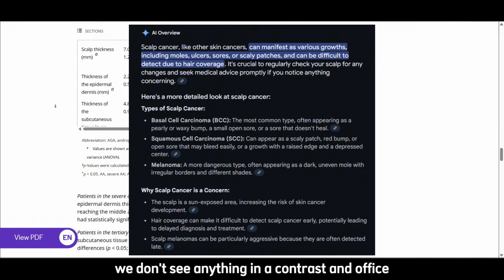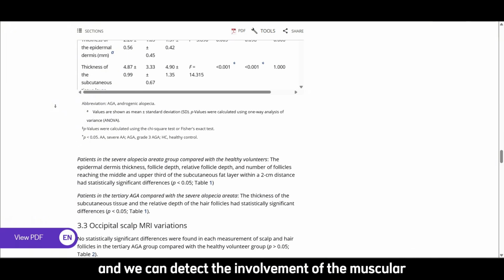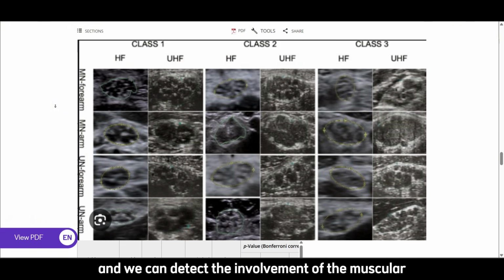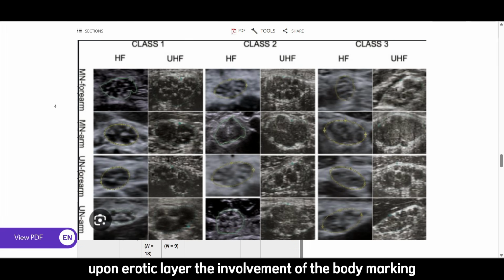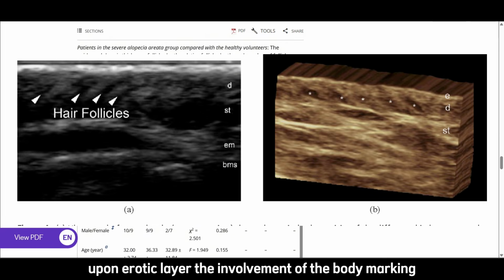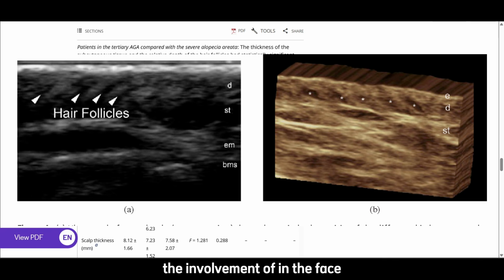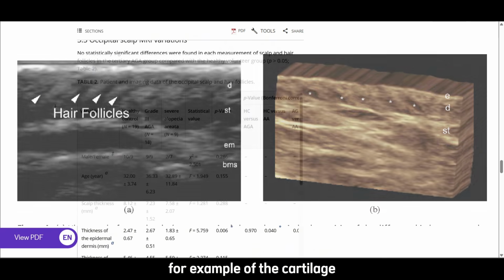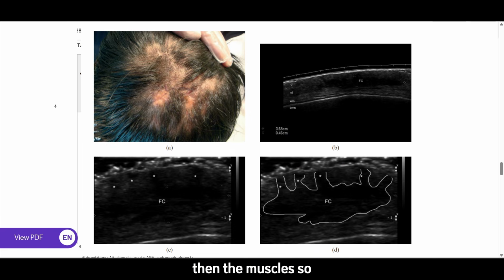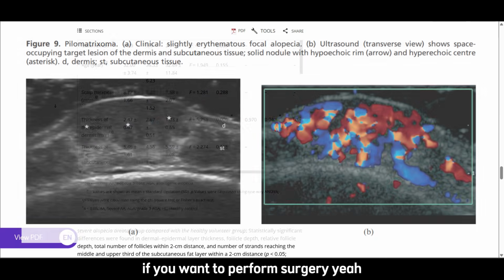In contrast, on ultrasound, we can detect the involvement of the musculoaponeurotic layer, the involvement of the bony margin, the involvement in the face, for example, of the cartilage, then the muscles. So it is very important information if you want to perform a surgery.